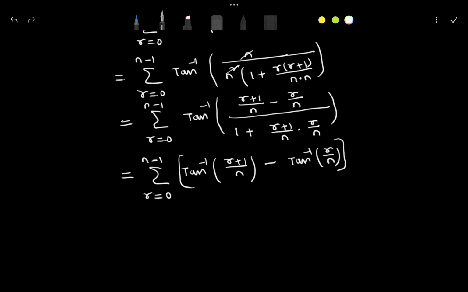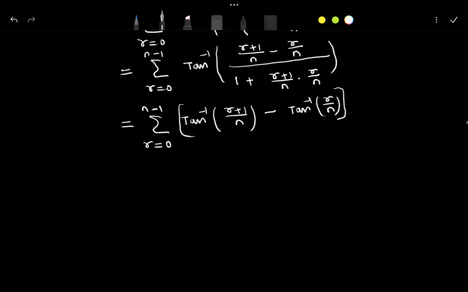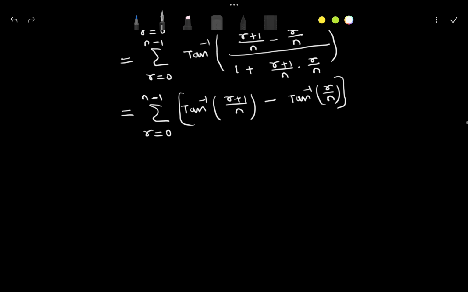So this is the simplified value. Now, as usual in the previous problems, r equals 0, you write that as the first term. R equals 1, that is the second term. R equals 2, that is the third term. Why? Because here r begins from 0 and ends at n minus 1. What is the first term?